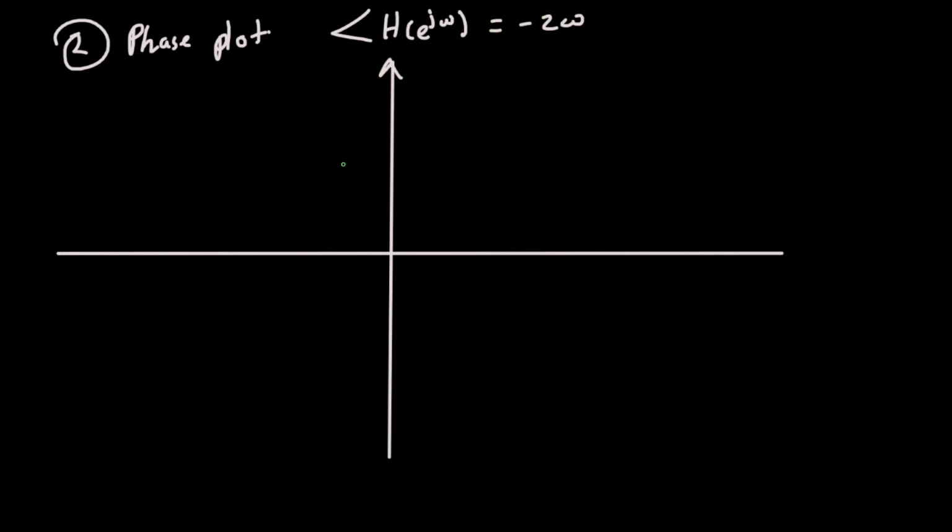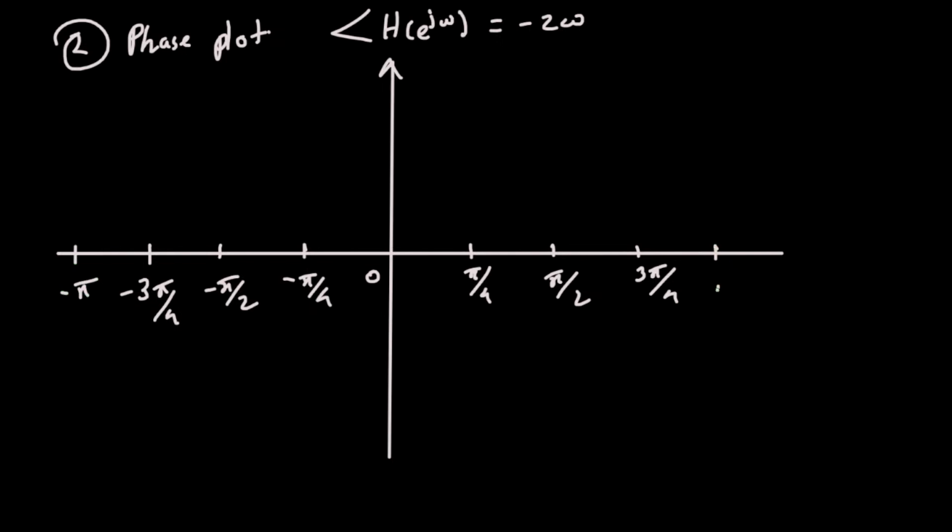For this one also, we take certain values like starting from 0, π/4, minus π/4, and then minus π/2, π/2, and then 3π/4, negative 3π/4, and negative π, positive π. So let's plug 0 here. If you put 0 in this equation, that's going to be just 0. So it's going to be like this.